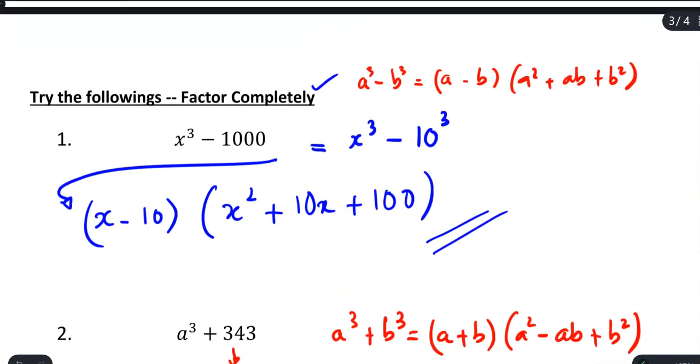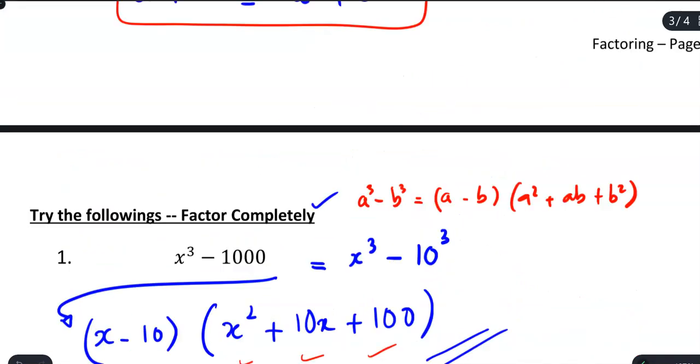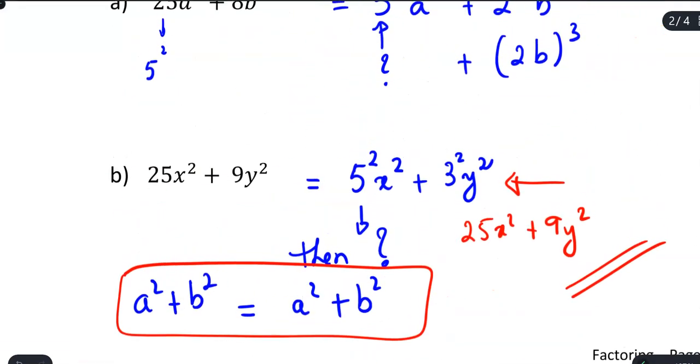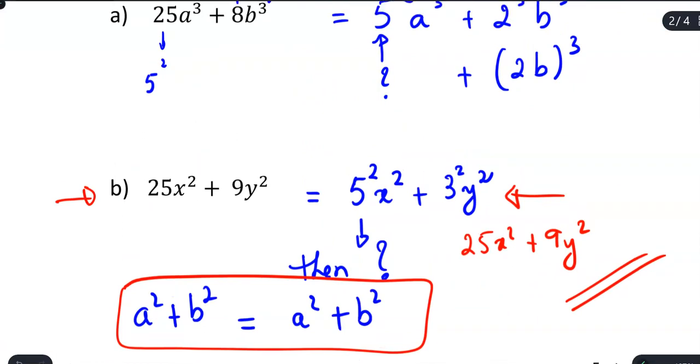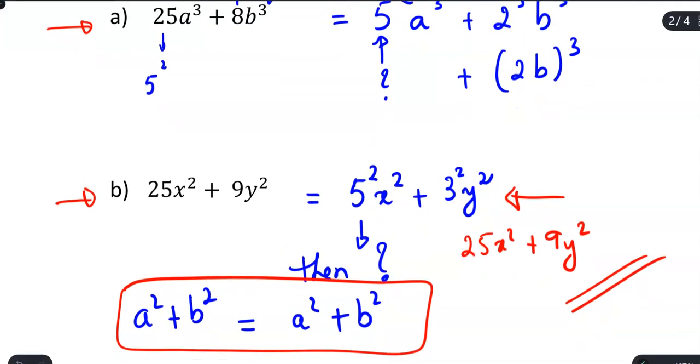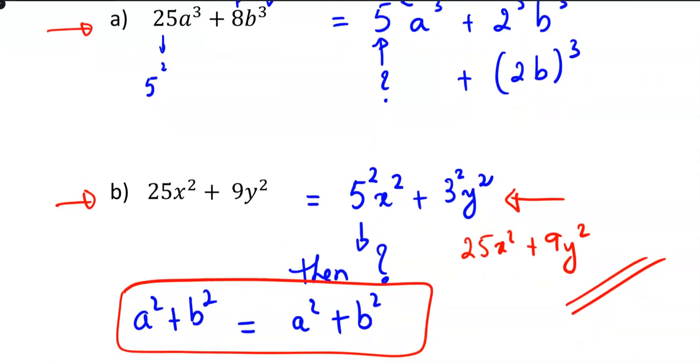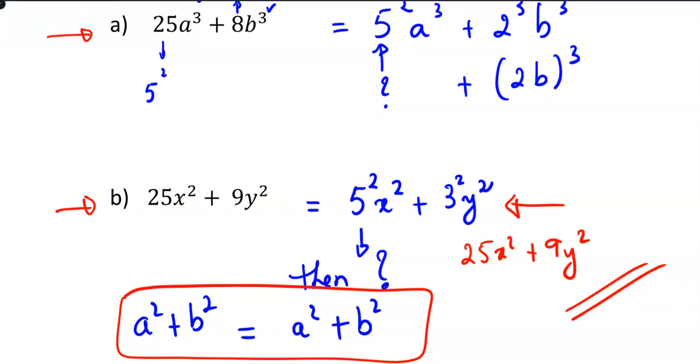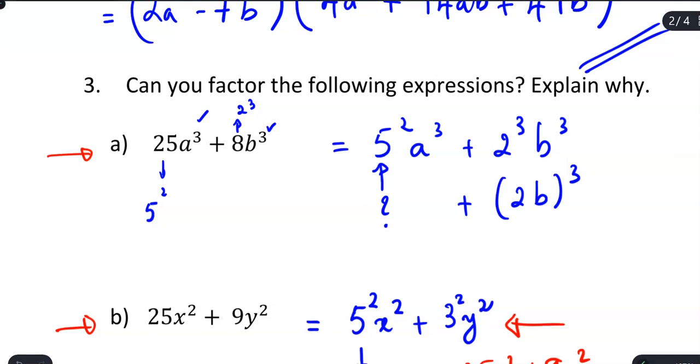And then here, I should have it as this. Very good. And again, pay attention to this reminder. Some questions ask whether or not we can factor, given the condition that the coefficients of our factors have to be whole numbers or integers. Okay.